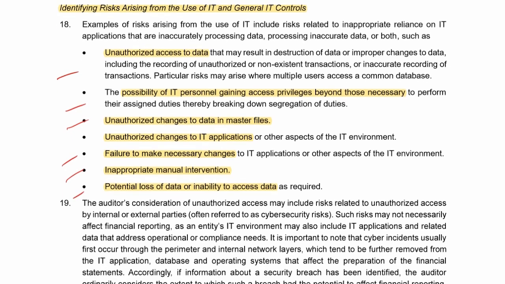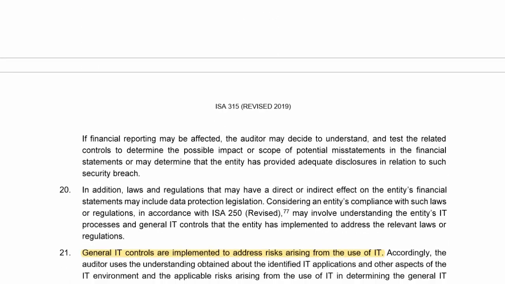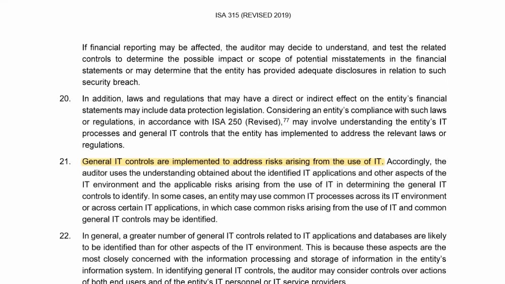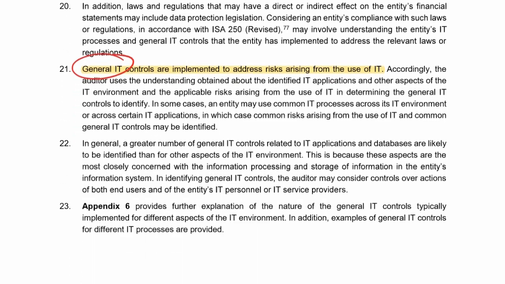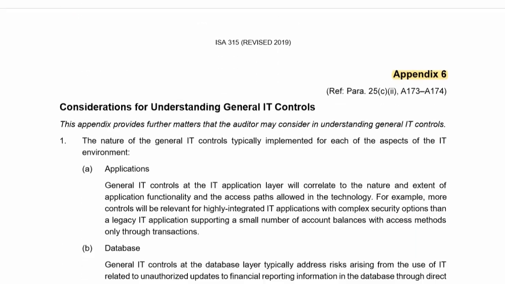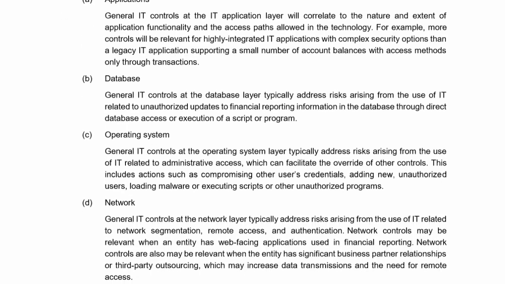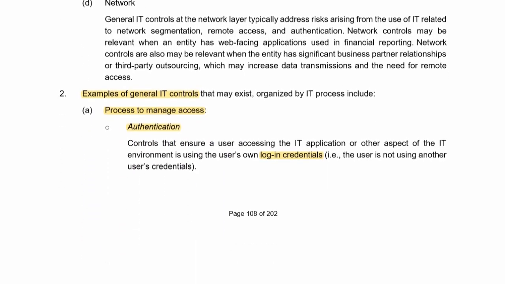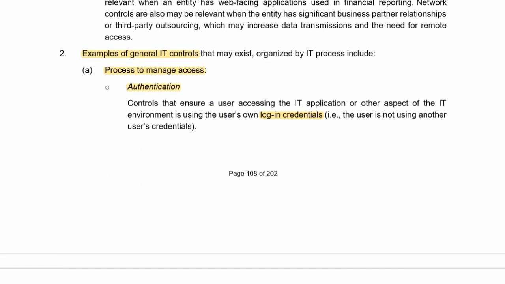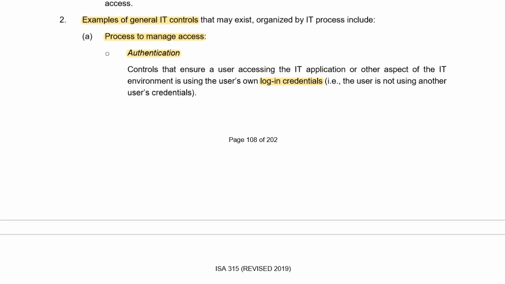So those are some of those risks in having a computer information system that you need to have general controls to address. Okay, Appendix 6 has then got all the general controls. It's explained slightly differently, but just so that you can see, you have to have general controls to manage access.